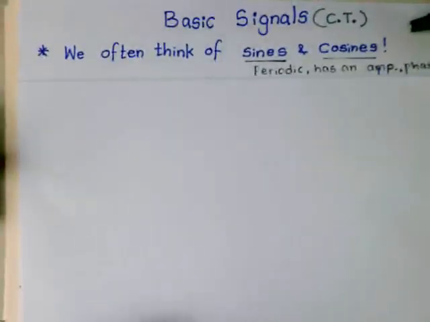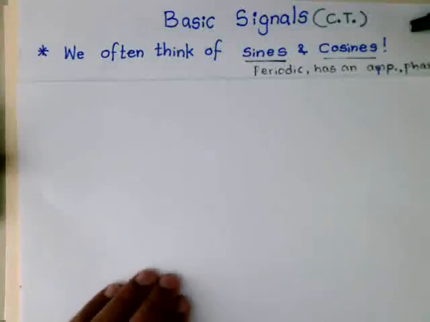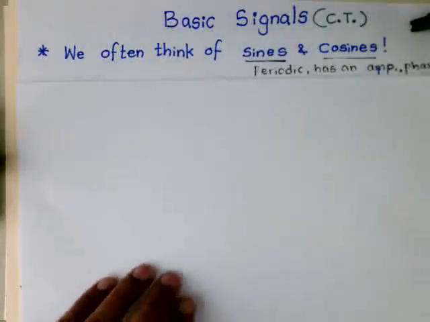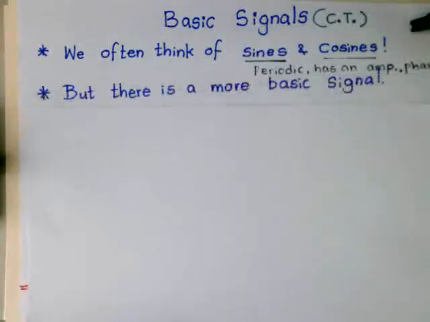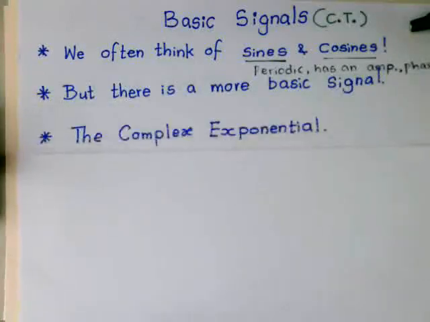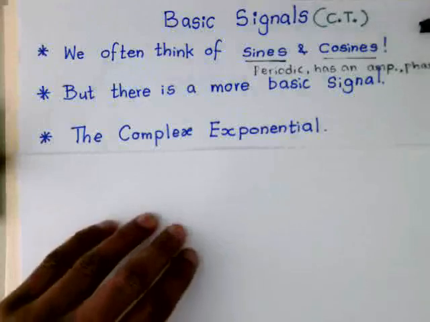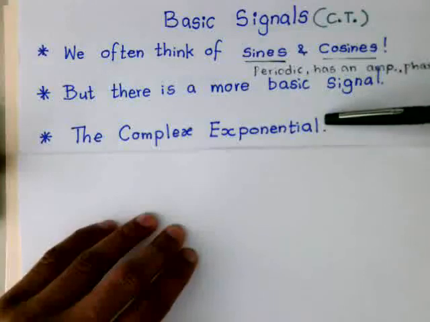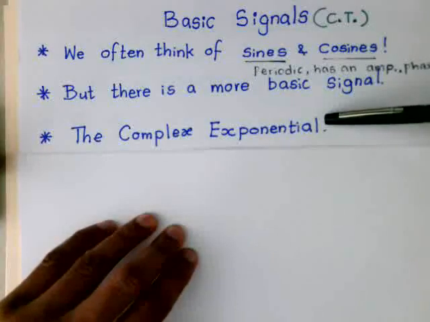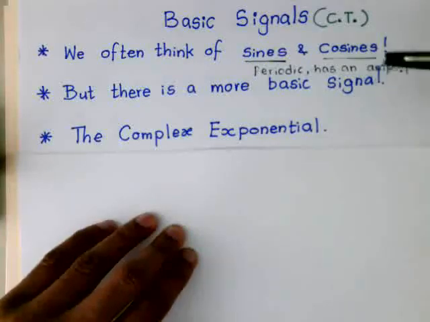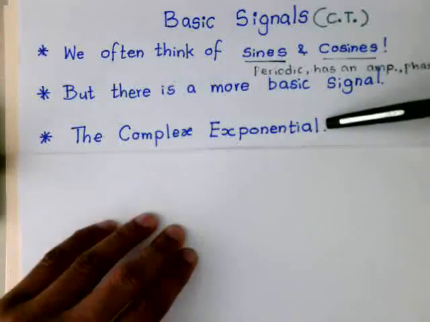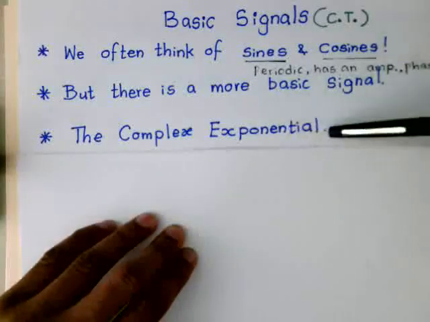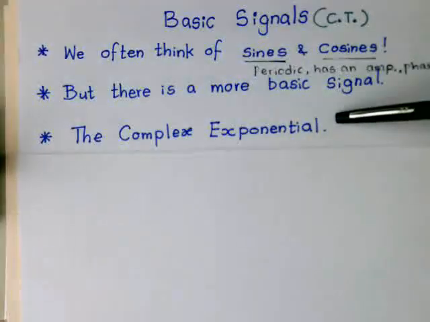We're going to use them, and they're going to be very useful and simplify your analysis. All right, what are they? They are known as complex exponentials. Very unique, very important, introduced by someone called Euler, and we're going to look at Euler's relationship as well. Let's see what that complex exponential is.